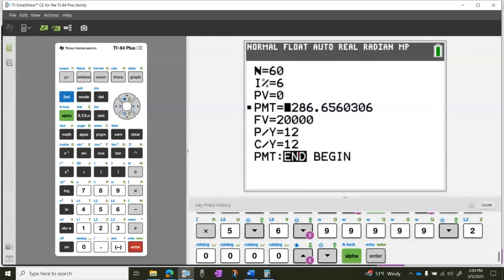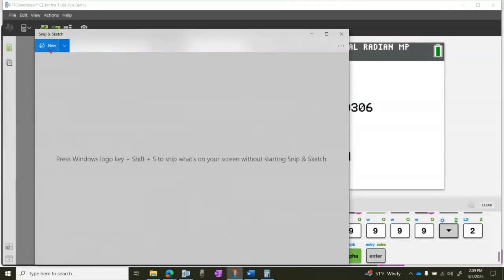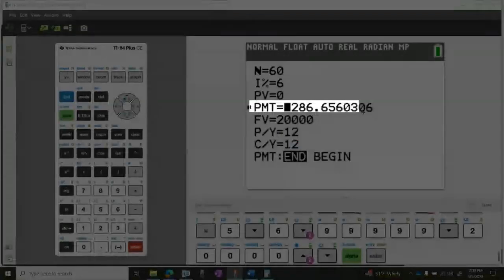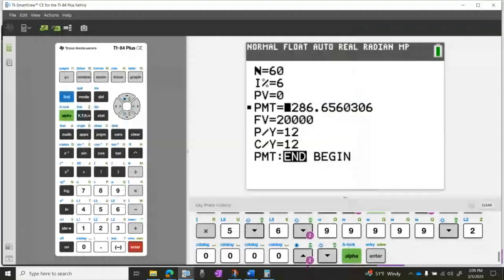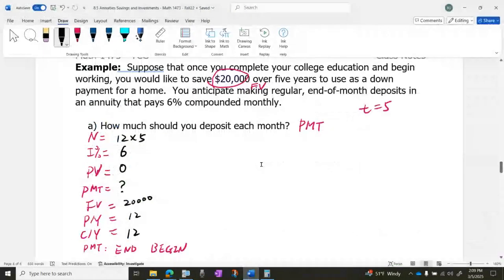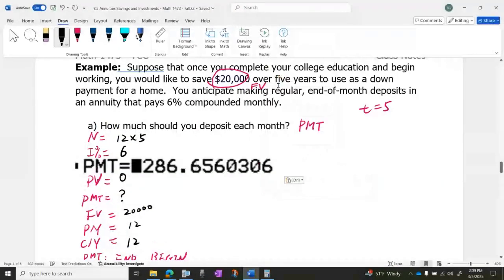Negative, right? Means in order to have 20 grand in 5 years, every month, at the end of each month, you have to deposit around $267. And this is something the question will require you to round the result up. Let's say we round up the result to the nearest dollar.